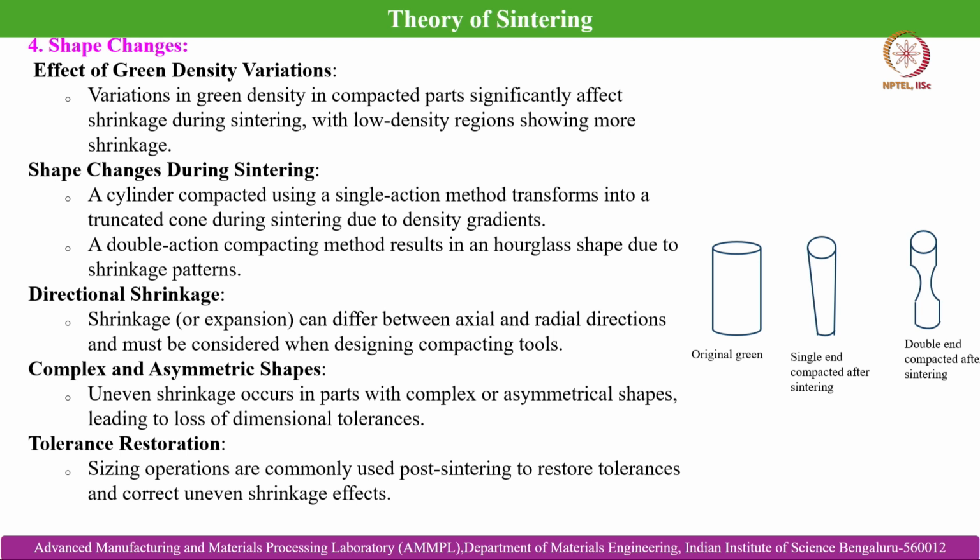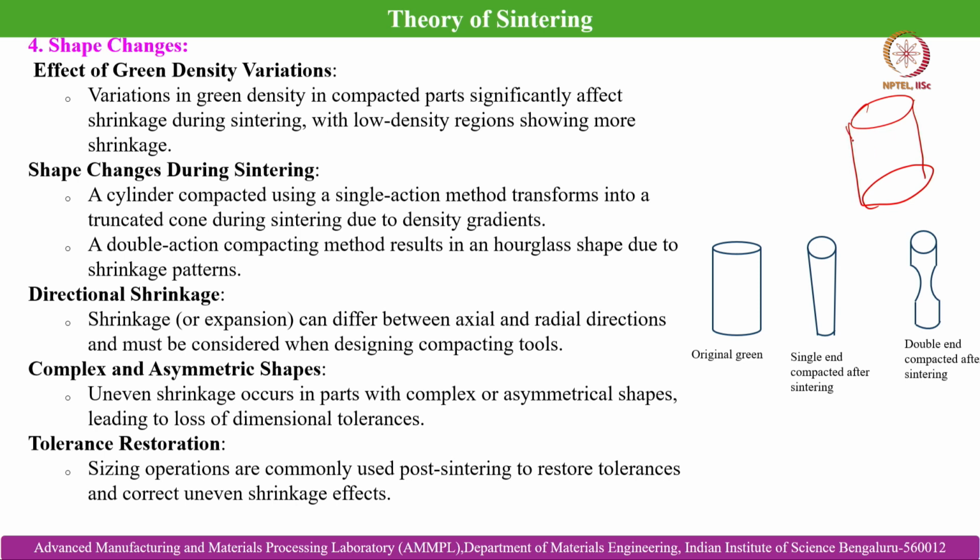So, if you recall, we have also discussed the essence of pressing from both directions to avoid a density gradient, so that we can achieve uniform density. Otherwise, it may cause problems post sintering.